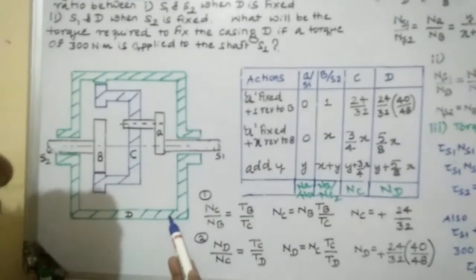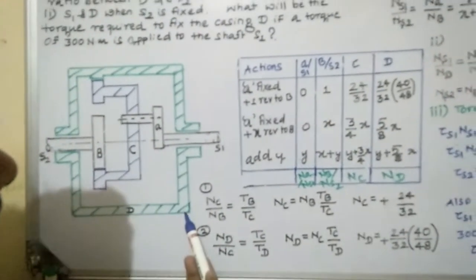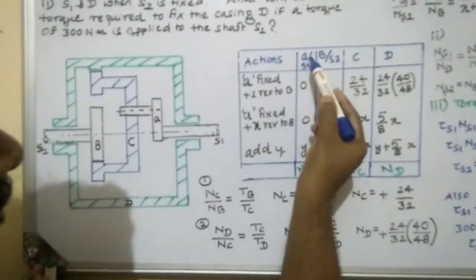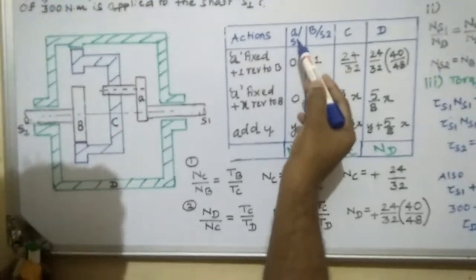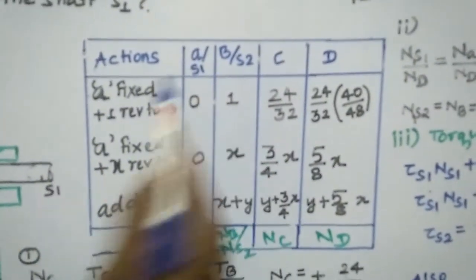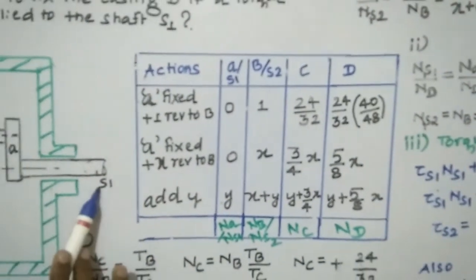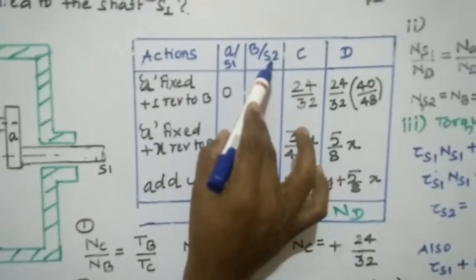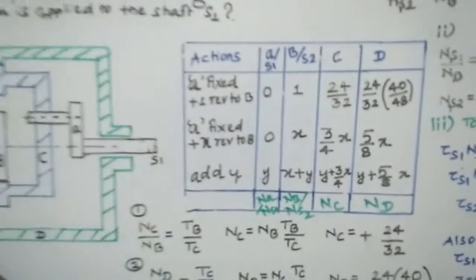Four elements will come, considering the arm also. The speed of NA is equal to the speed of NS1, because A is directly connected to S1. The speed of NB is equal to the speed of S2.